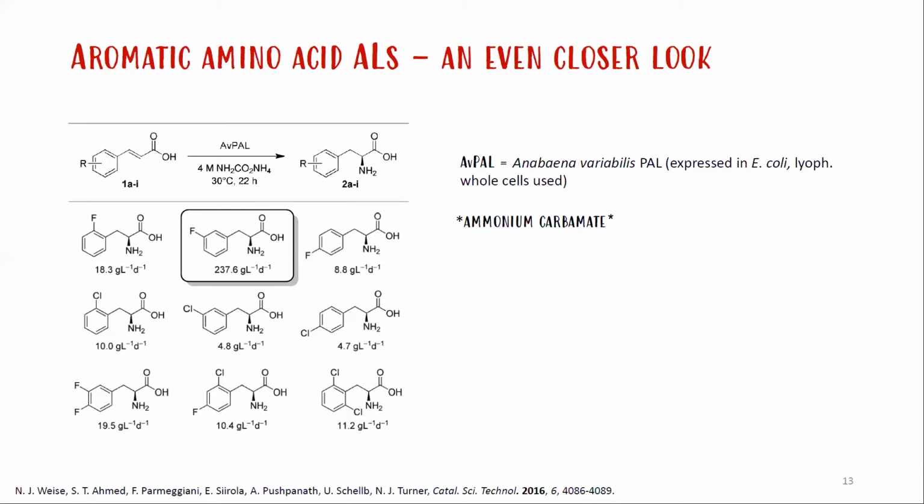This particular enzyme, from Anabaena variabilis, is known to be quite receptive of different substrates, so it's quite promiscuous and well suited for different substituted aryl moieties. And what was also a significant contribution that enabled such high yields was the use of ammonium carbamate instead of ammonia.